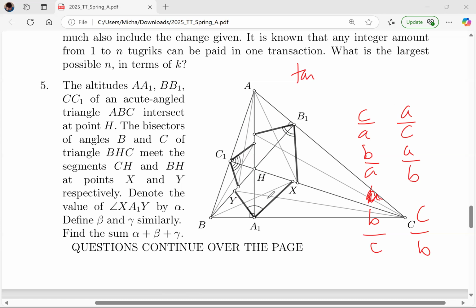All these angles are acute, so they can't get over 180. So basically, if we're adding all 6 up, then the angles that correspond to these pairs give you 90 degrees. So there's 3 lots of 90 degrees, and therefore the whole thing gives you 270 degrees.